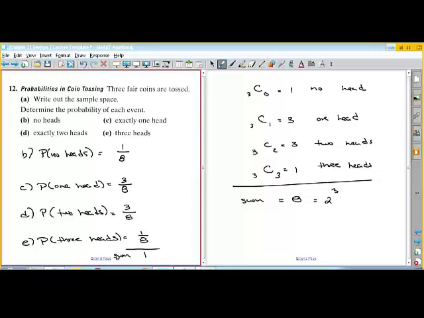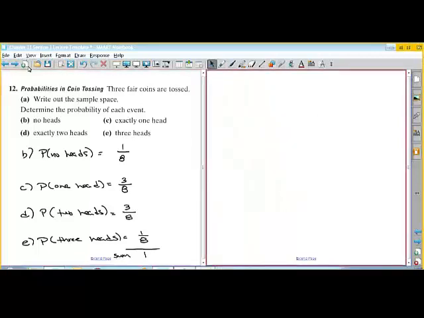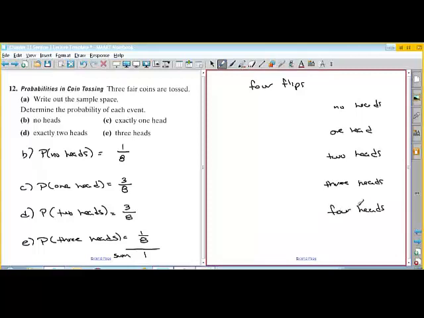So let's just do that while we're at it. I usually put something like this on the test, so I'm going to help you try to beat this into your brain. So let's say we had 4 flips. In that case, you could have no heads, 1 head, 2 heads, 3 heads, and 4 heads.